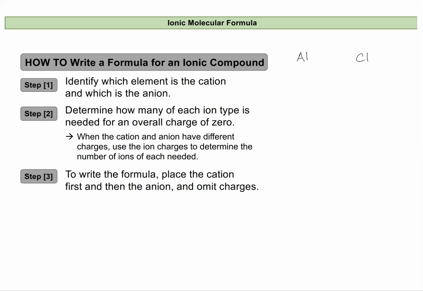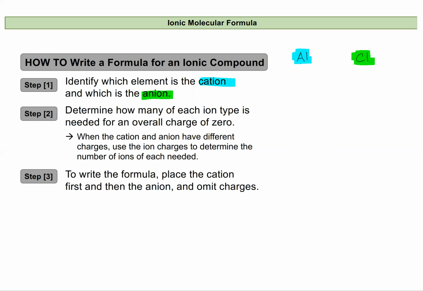For aluminum and chlorine, we need to first identify which one is the cation and which one is the anion. So the cation is typically the metal. If you don't follow those guidelines, it's going to be the one with the lower ionization energy, so the one that's easiest to form a positive charge. In this case, it'll be aluminum, our metal, and our anion will be our nonmetal chlorine.